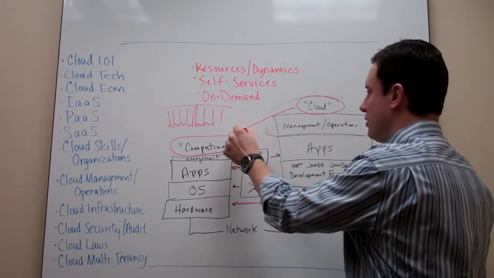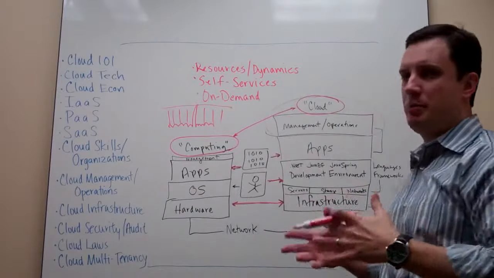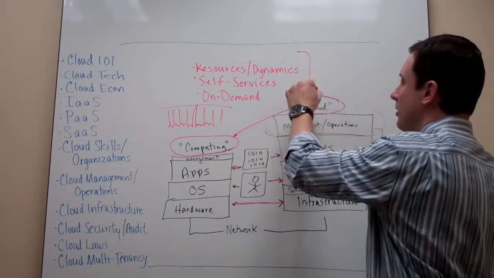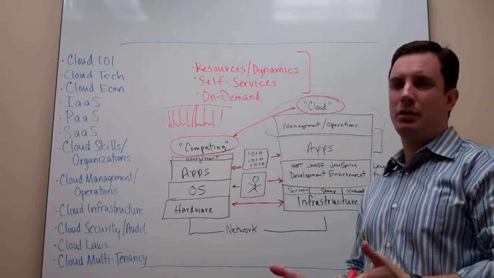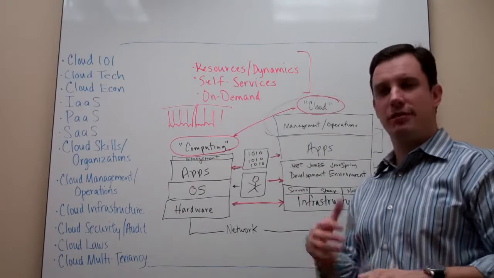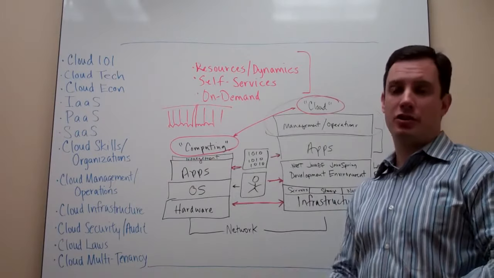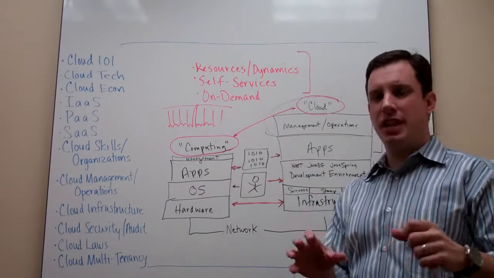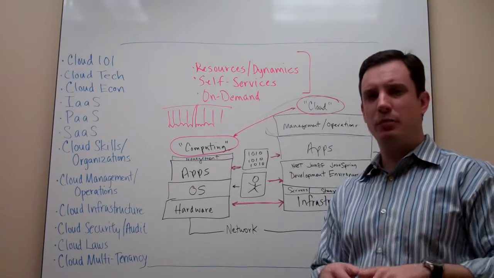And we can draw those analogies, but the big change is the management and operations to deliver dynamic, on-demand, and self-service resources for my applications, my infrastructure, and my development environments. So hopefully this gives you a good basic understanding of the technologies underneath cloud computing.